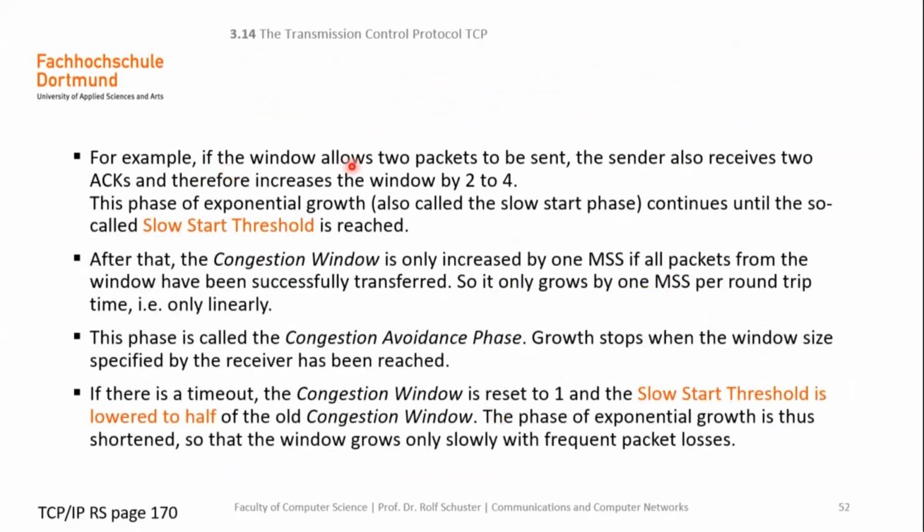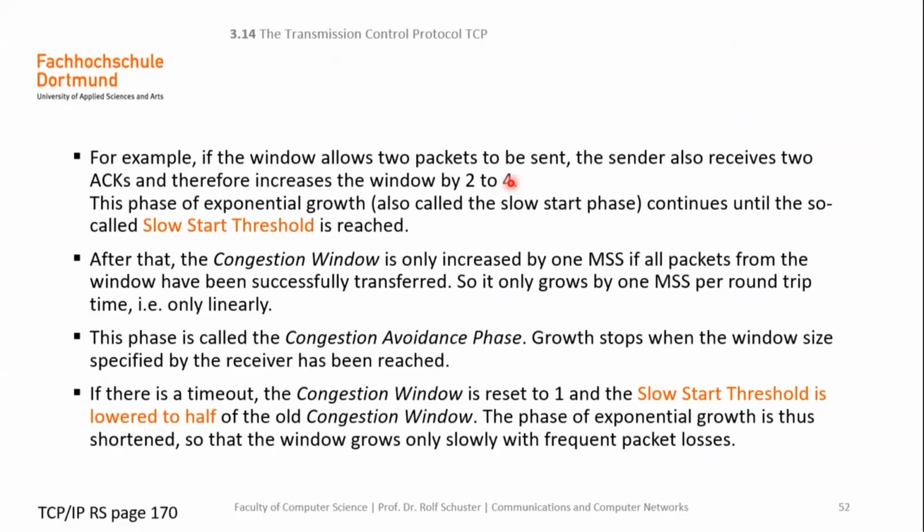For example, if the window allows two packets to be sent, the sender also receives two ACKs and therefore increases the window by two, to 4. This phase of exponential growth, also called the slow start phase, continues until the so-called slow start threshold is reached. TCP uses a threshold called the SS threshold, or slow start threshold, in order to change the behavior.